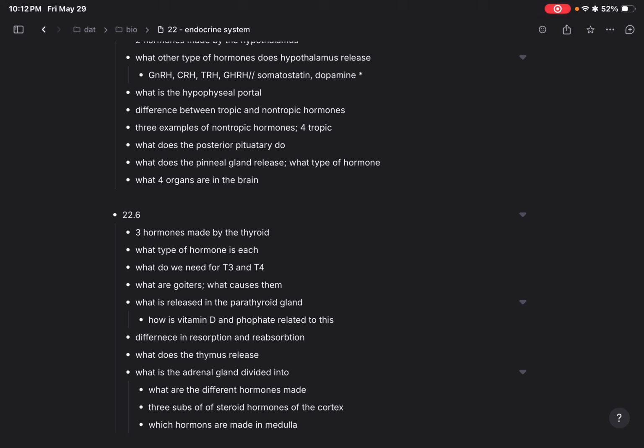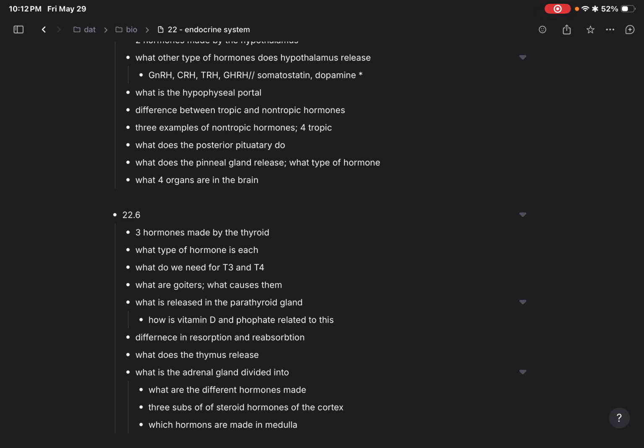Okay, 4 tropic hormones. These are the indirect ones. TSH, FSH. What were the other ones released by the hypothalamus? Then we could build off from there.